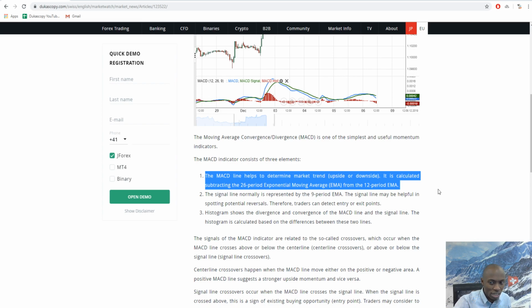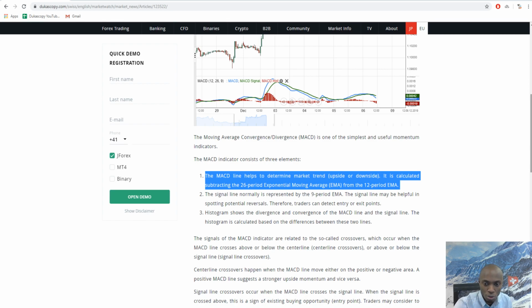This MACD is using the exponential. The majority of traders use the exponential moving average. I use exponential, but I only use the 21 period exponential moving average. But you can see there they have the 26 period exponential moving average minus the 12 period exponential moving average. That's where you get the MACD line.